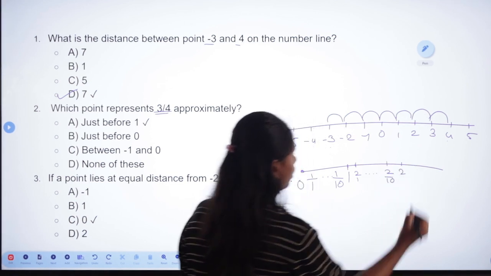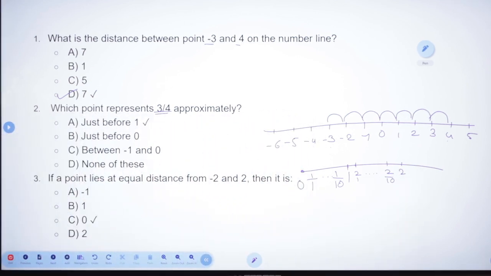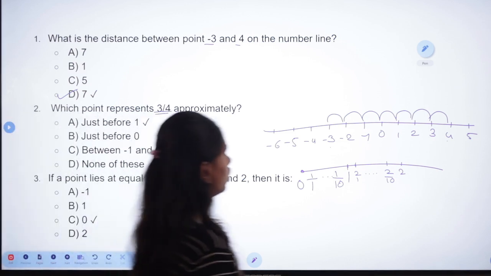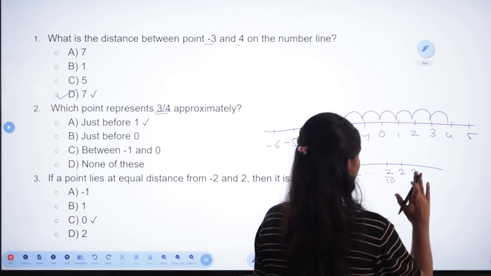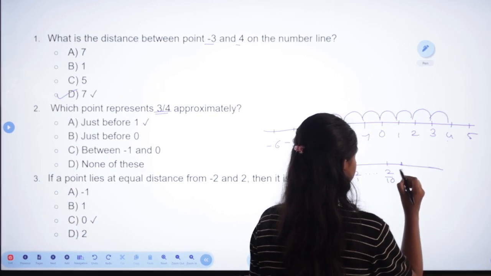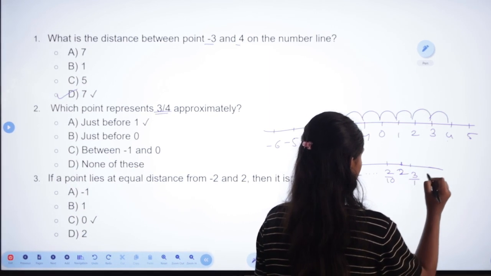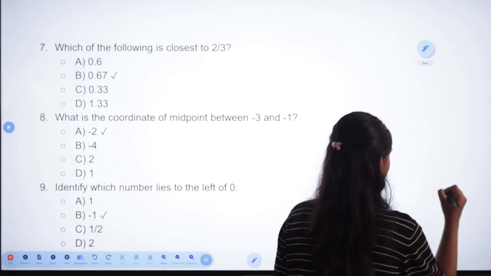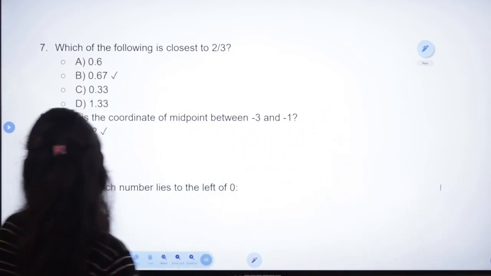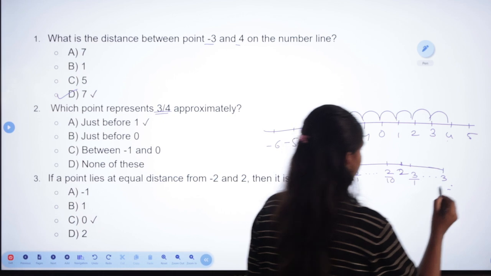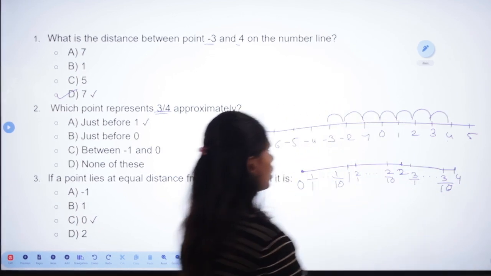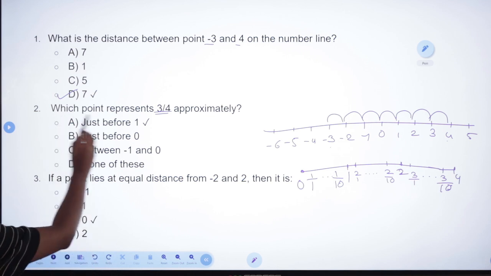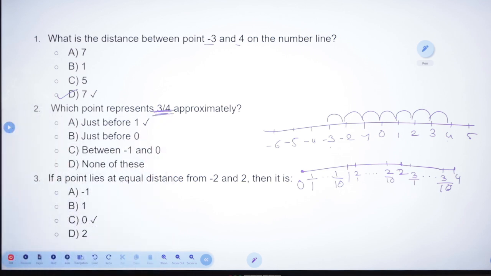The next number will be 2. The next, sorry, 3 by 1 up to 3 by 10, and the next number will be 4. Now 3 by 4 approximately.